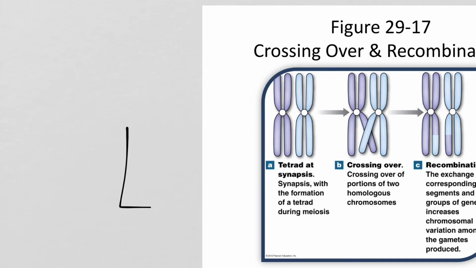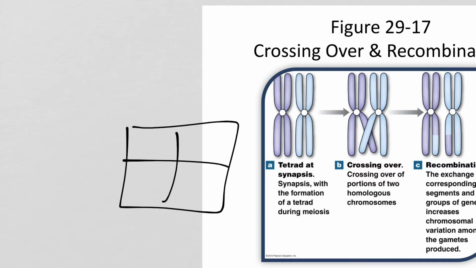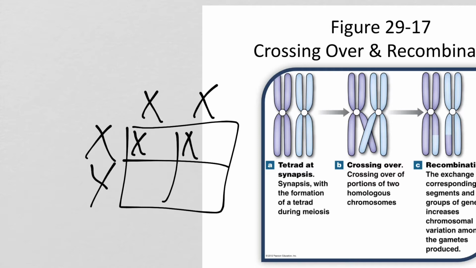Okay, so here's our Punnett square. Women have XX, men have XY. So half of Papa's sperm will have X's, half of Papa's sperm will have Y's.